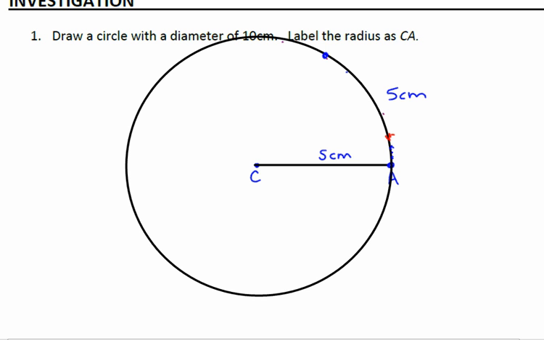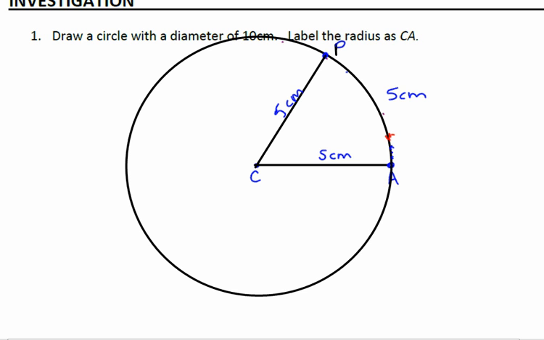Okay, and then what I want you to do is connect the line here. That's supposed to be letter P. Okay, connect that line. So how far is that line as well? 5 centimeters. It should be, because we've measured out 5 centimeters on our pipe cleaner, right?